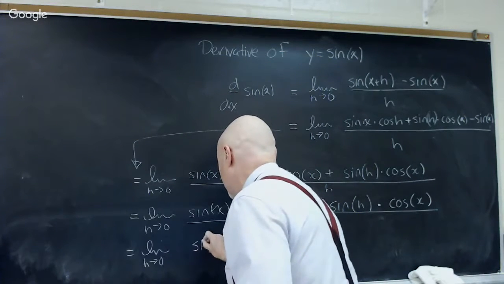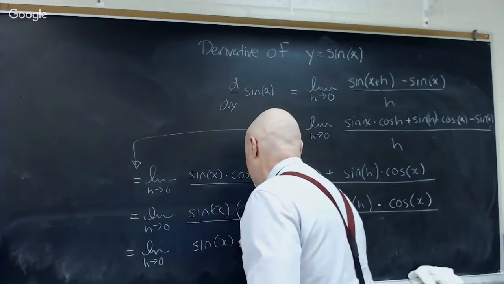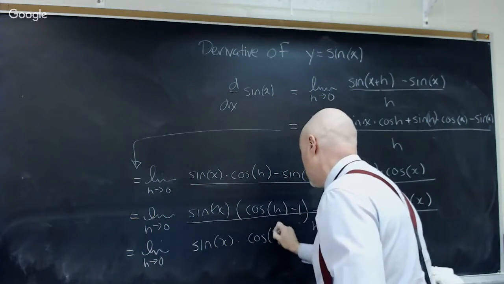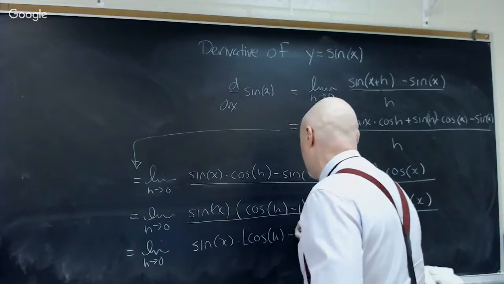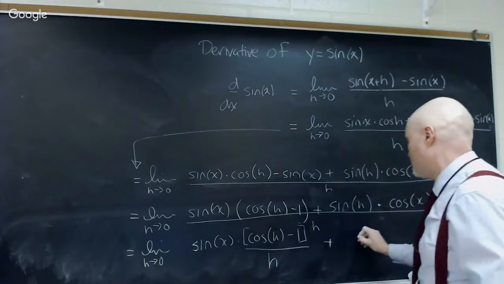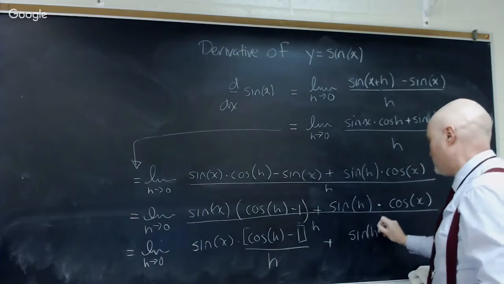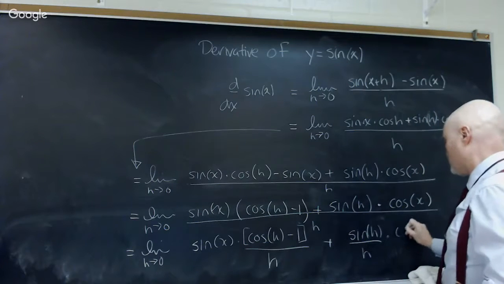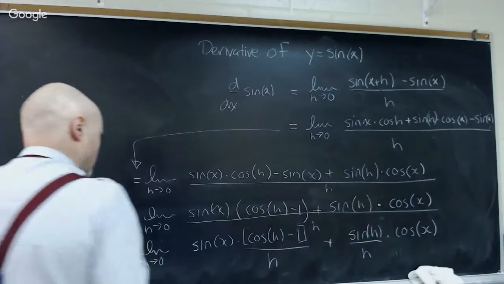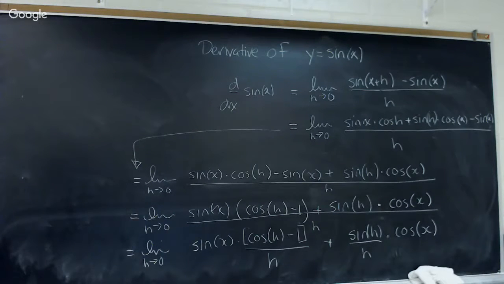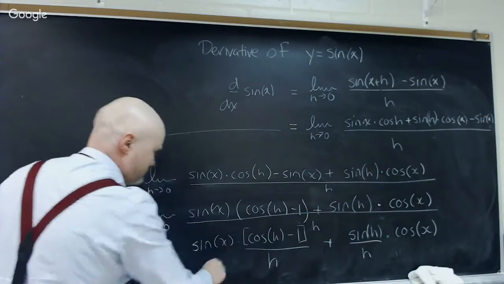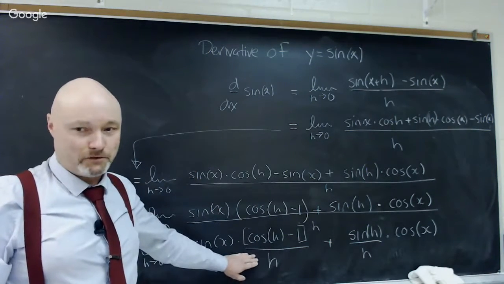So sine of x times cosine of h minus 1, and I'm just going to put this over h, and I'm going to go sine of h over h times cosine of x.